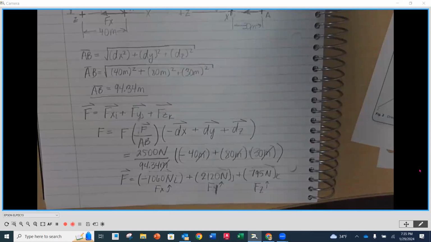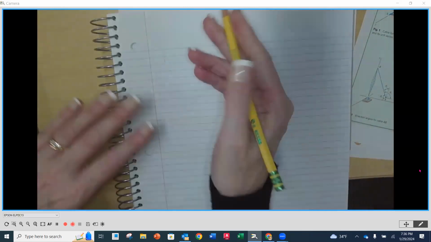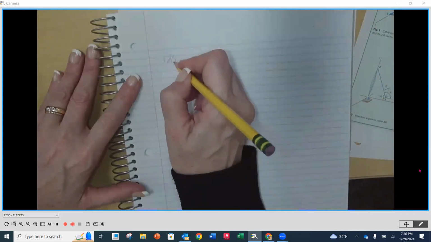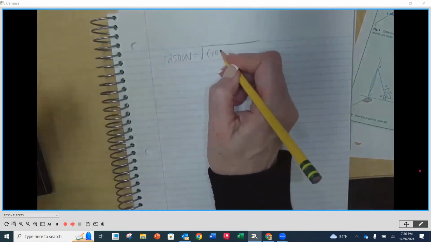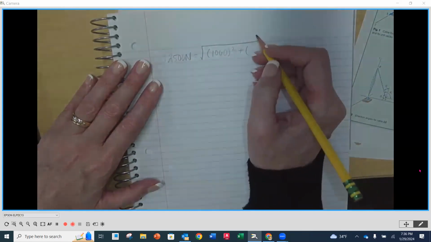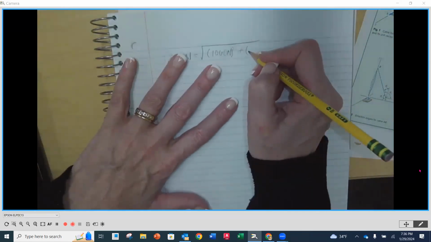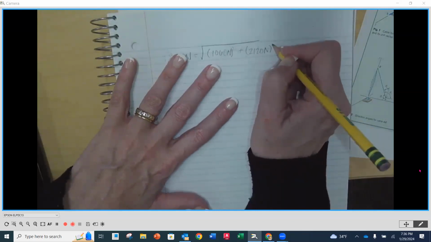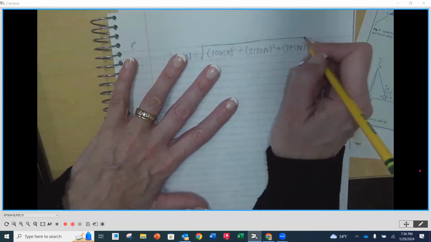You would do the modified Pythagorean theorem, exactly. So to do that, and this is a nice check, we know that the magnitude of our F is equal to 2,500 newtons, right? This should equal the square root of 1060 newtons squared plus 2120 newtons squared plus 795 newtons squared.